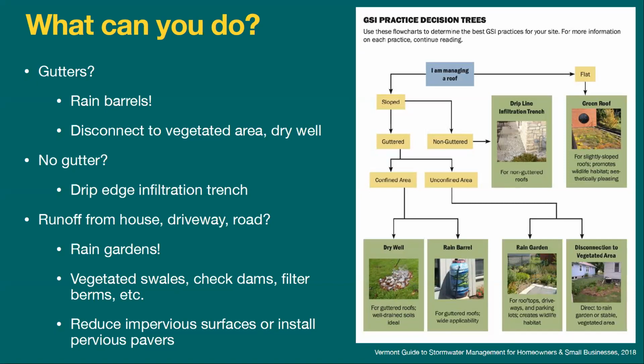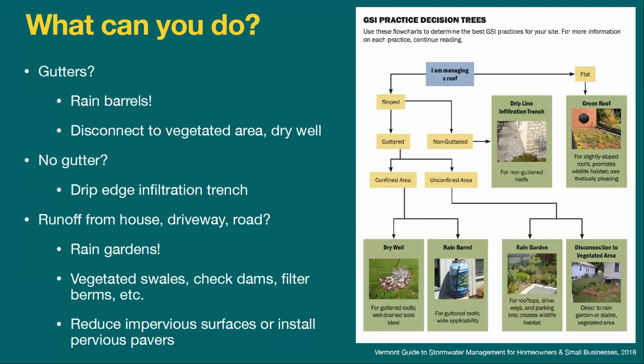So maybe a swale conveys water and deposits it into a rain garden. If it's a steep slope, you may need some check dams, basically rock barriers that are installed every so often down the swale to slow down the water so that it doesn't pick up force and cause erosion.